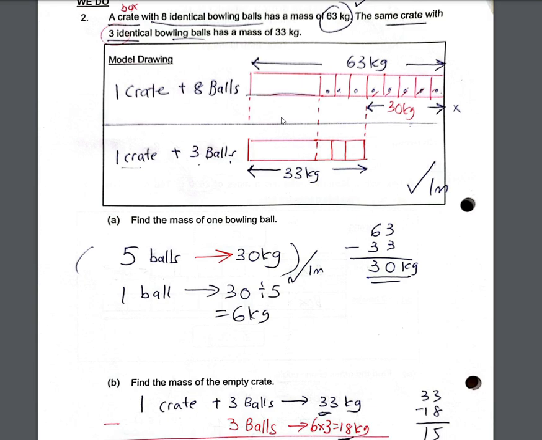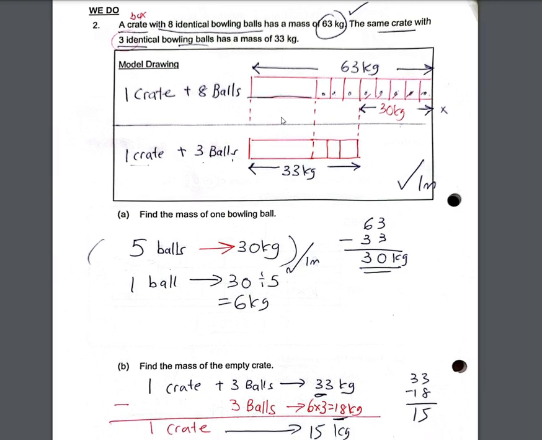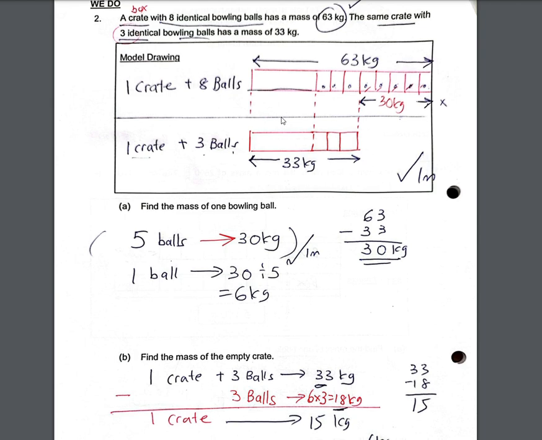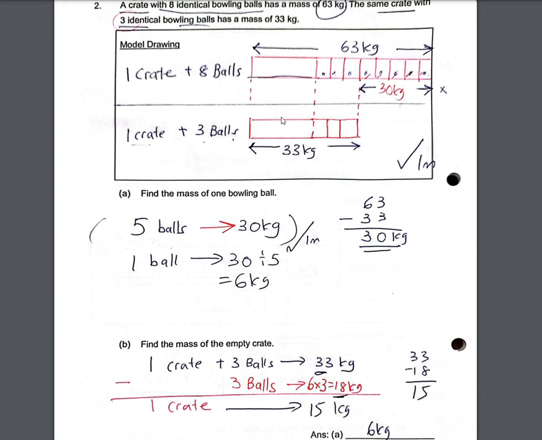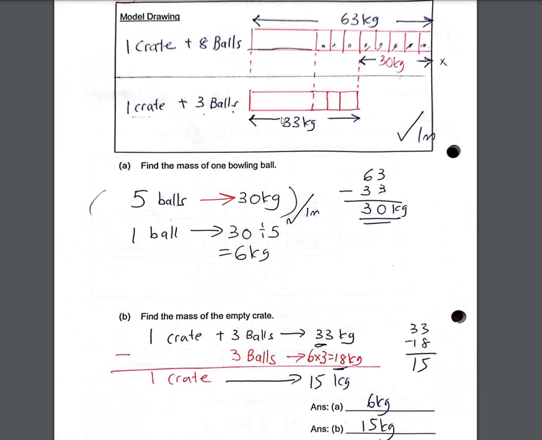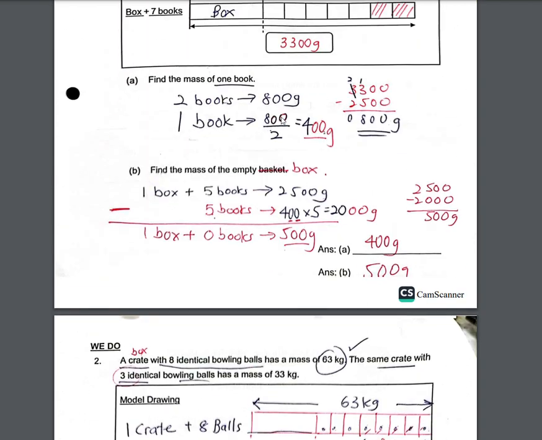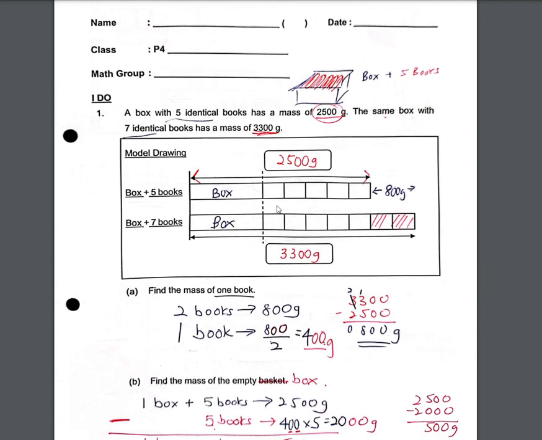Part of our discussions in class, we talk about many ways these teachers can describe a box. In question 2, they use the word crate to describe a box. But basically, the pattern of these questions are the same. Like in question 1, there is a box with books inside, and the same box with a different number of books.